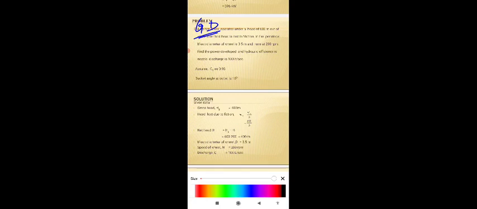Gross head H is equal to 600 meter, and loss of head due to friction, hf, is equal to Hg by 3.